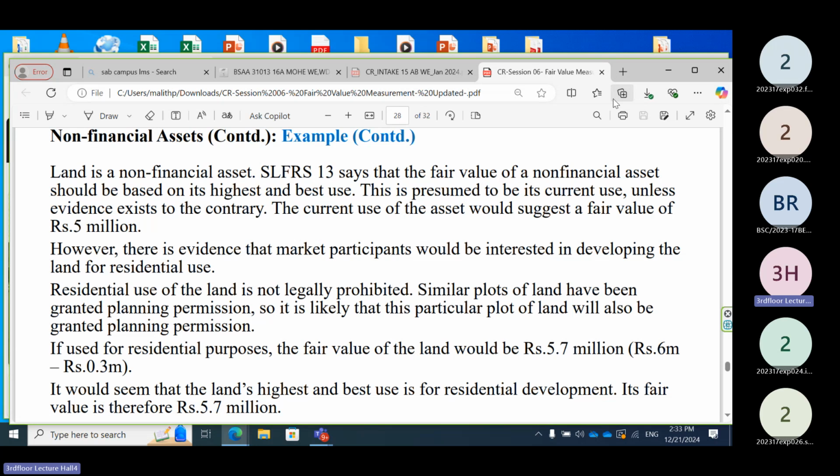The fair value of the land would be 5.7 million, 6 minus 0.3. It would seem that the land's highest and best use is for residential development. Its fair value is therefore Rs 5.7 million. This is the answer required.